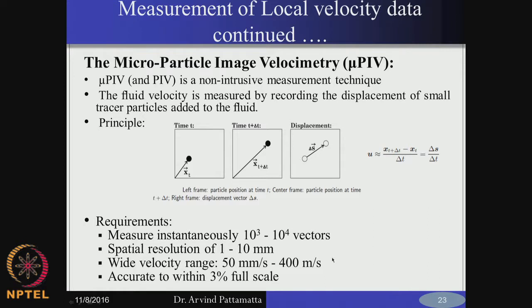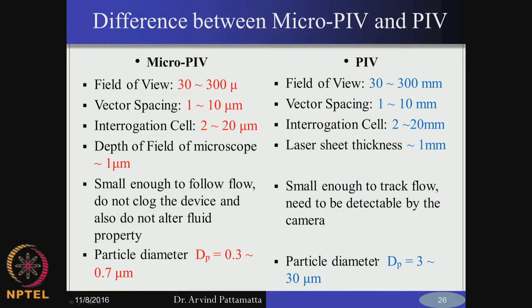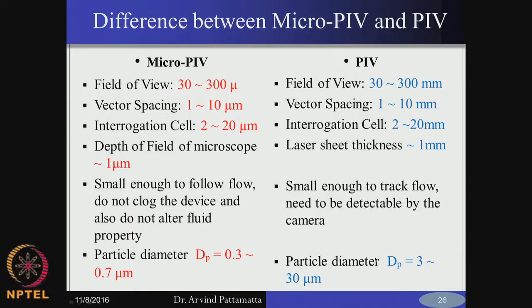If your interrogation cell width is too small, the tracer will escape the cell within delta t, or if your delta t is too large, we will not be able to capture this tracer within that interrogation cell. So, the interrogation cell size also has to be very small in order to resolve the local velocity data more accurately, and therefore, the particle diameter has to be even smaller than the interrogation cell size, right.